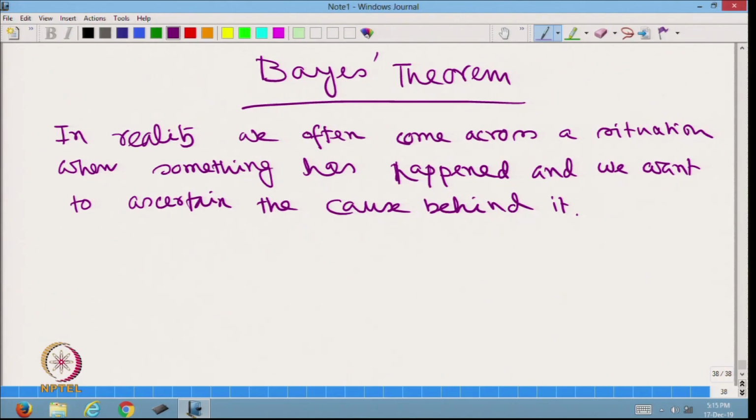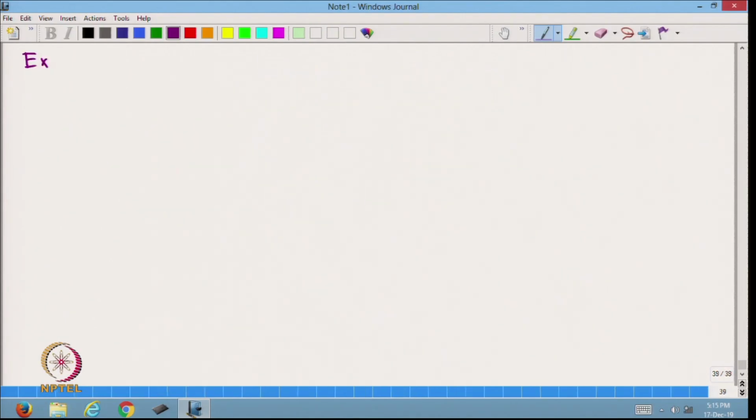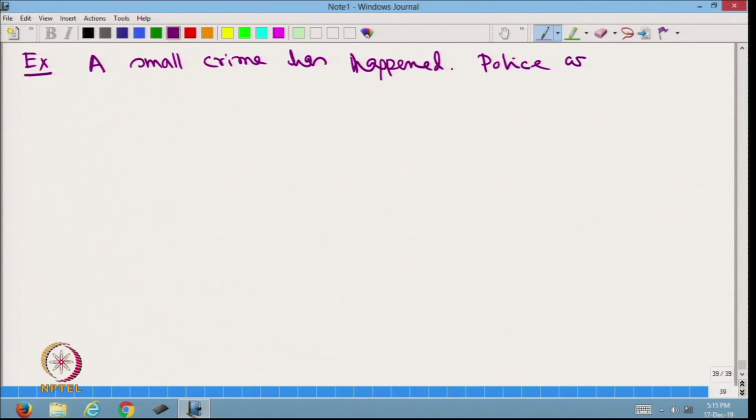Say for example, a small crime has happened. Police wants to find the culprit.